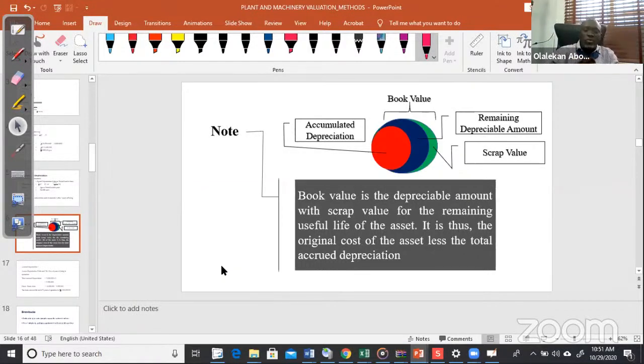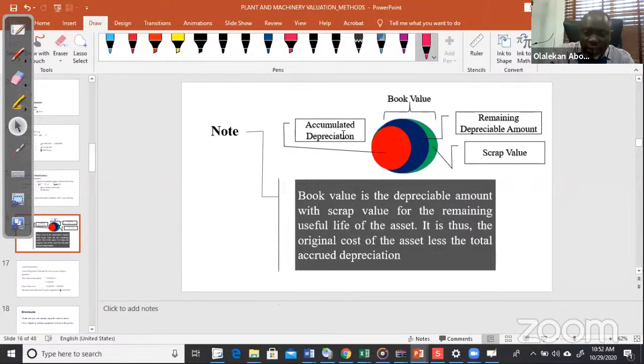I try to call our attention to the fact that book value is the depreciable amount with scrap value for the remaining useful life of the assets. That means you just remove accumulated depreciation from your original cost.